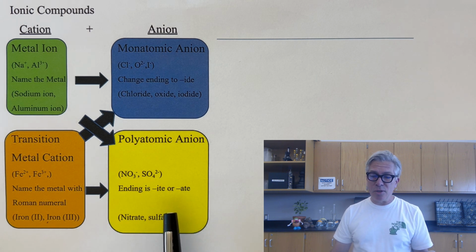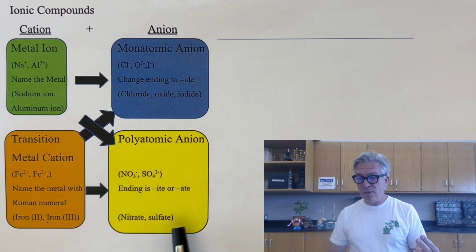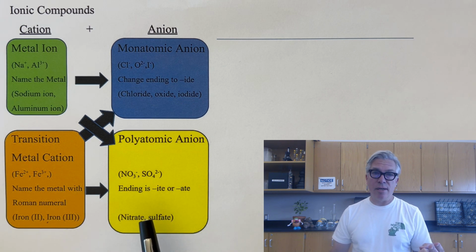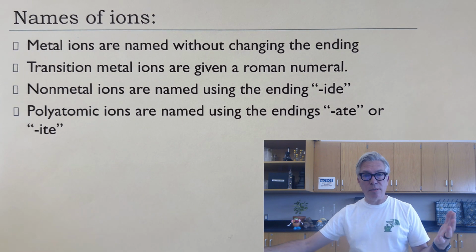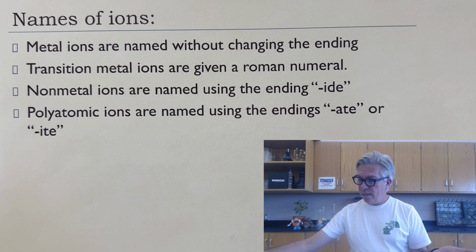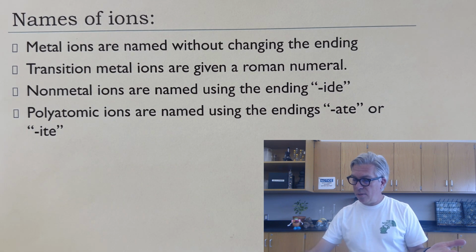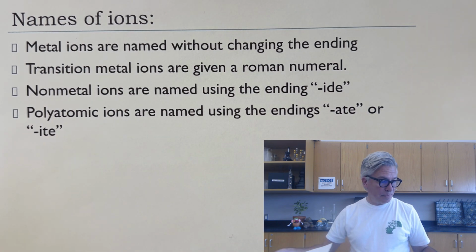There are a couple of exceptions like hydroxide and cyanide, but for the most part, they end in ite or ate, and you just have to look on your chart to find out what their name is. So that's the chart we've been using lately. Here we have the same thing in words. If you'd like to pause the video and write that down: metal ions are named without changing the ending, the transition metal ions get a Roman numeral, nonmetals end with "ide", and polyatomics with "ite" or "ate".